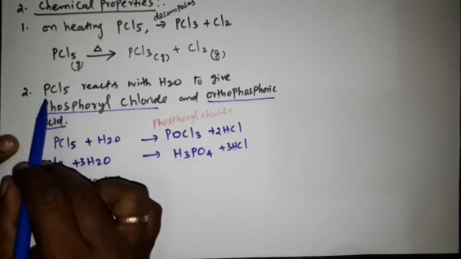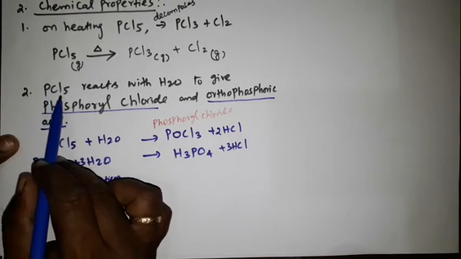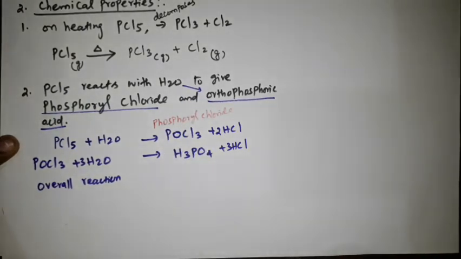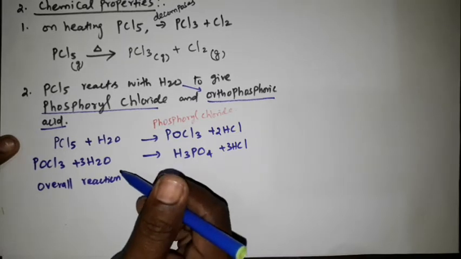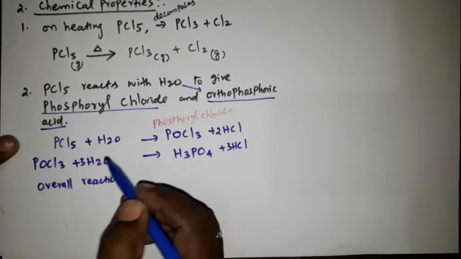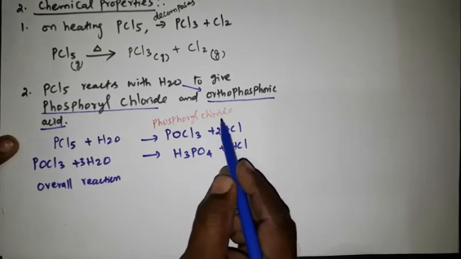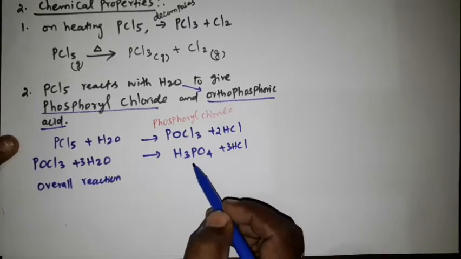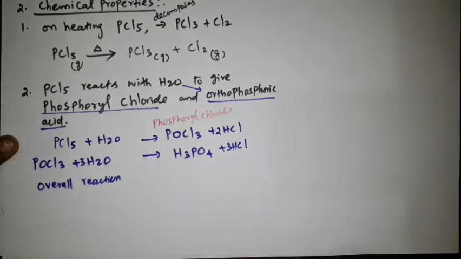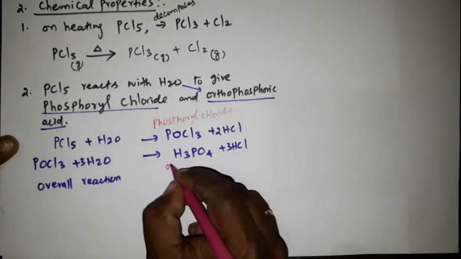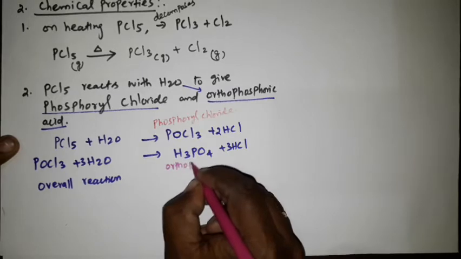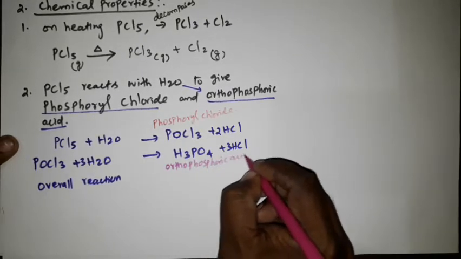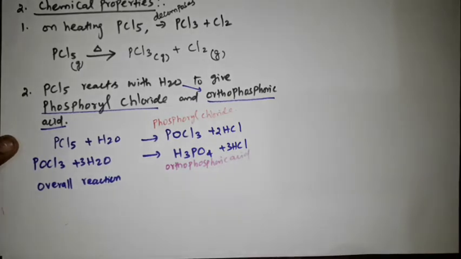Actually, when PCl5 reacts with water, we will get orthophosphoric acid, but it takes place in 2 steps. First it will produce phosphoryl chloride, then again this phosphoryl chloride reacts with water, we will get orthophosphoric acid. Now we are going to see the overall reaction.